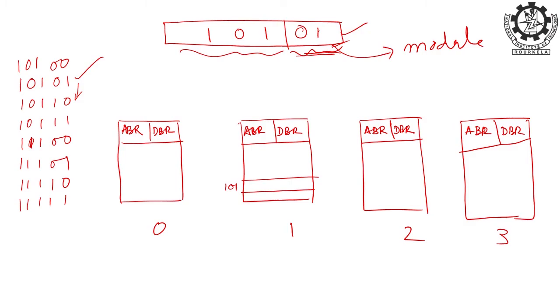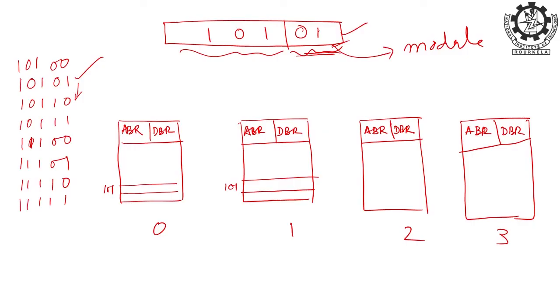Therefore, each memory module can work in parallel. All consecutive locations will be within a block, and when you transfer to the CPU, you will transfer to the cache.